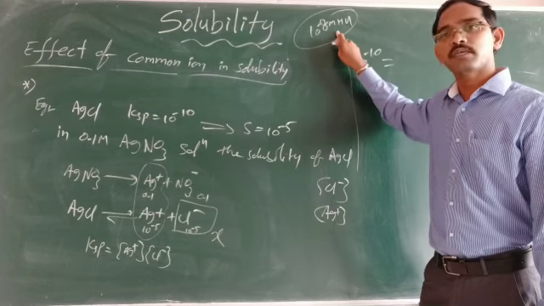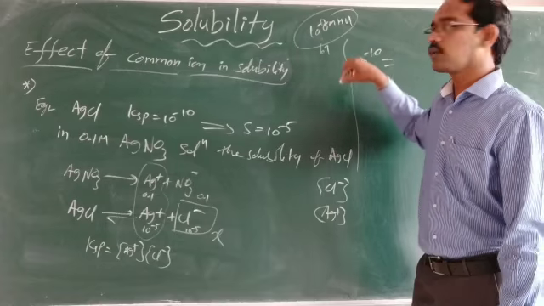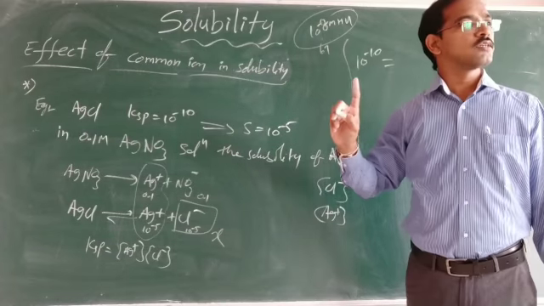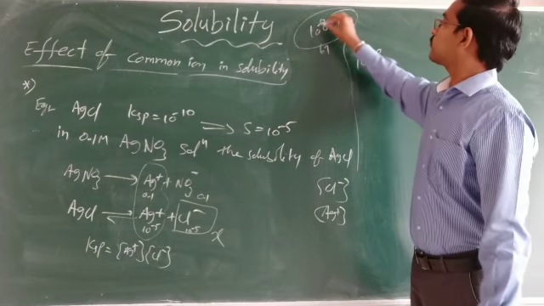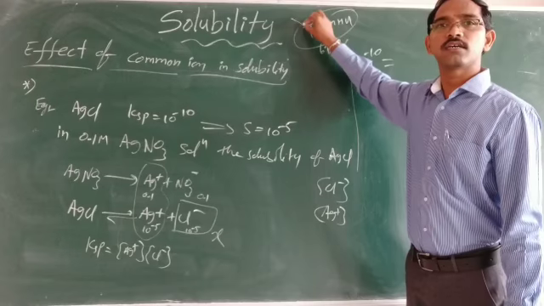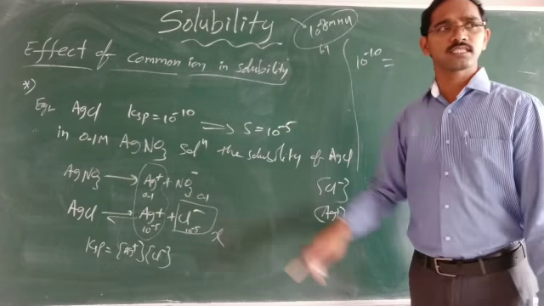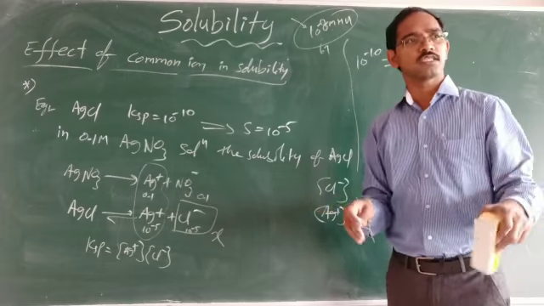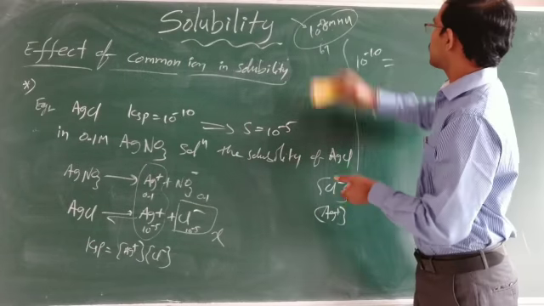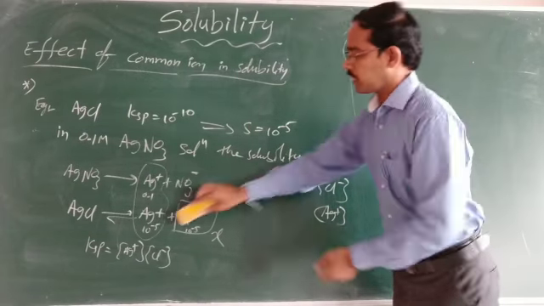It is 6 point something, 6.9 something. It will not be 8, right? Why not? Because here the water concentration is also being considered. In general, we will neglect, but if this value is very small, almost equal to the water concentration, then we have to consider it. But here, this Ag plus we can neglect.